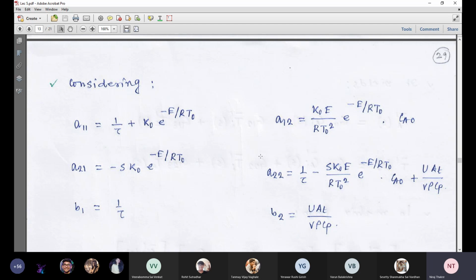Can you write now this model in matrix form? Write this model in matrix form. The next step is to write the model in matrix form, and you do it and let me know what form of matrix you are getting.